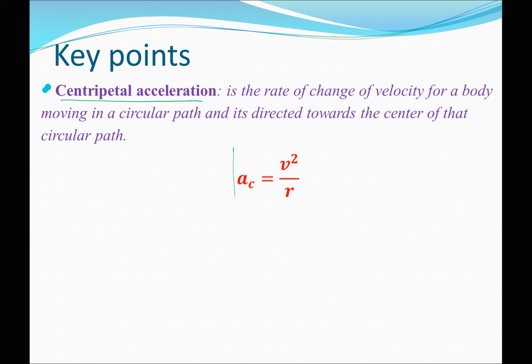So we saw that the centripetal acceleration will always be calculated from this expression, or it will be given as omega squared times r. In calculations, we shall also use that.